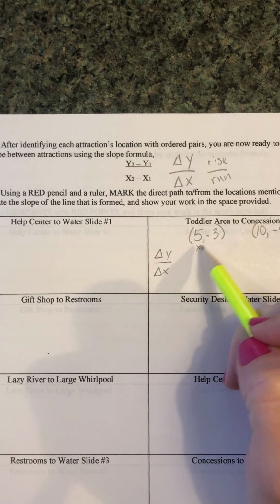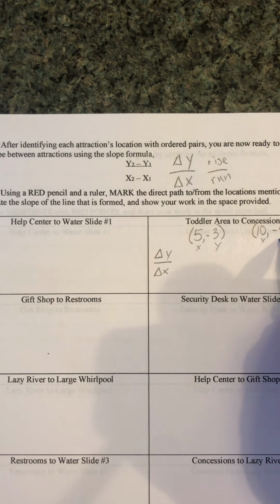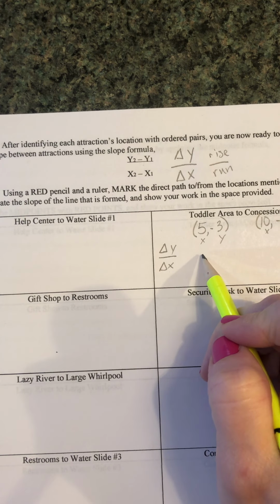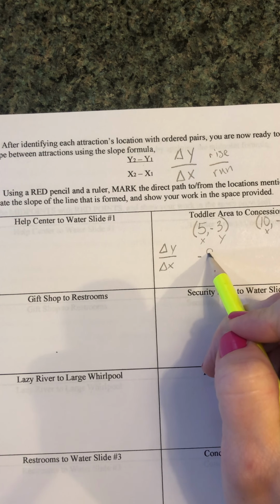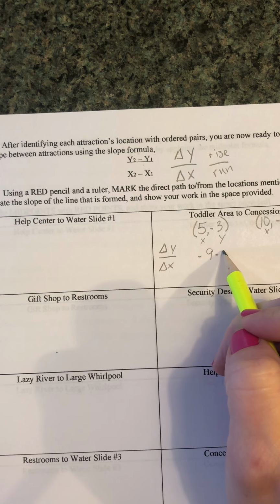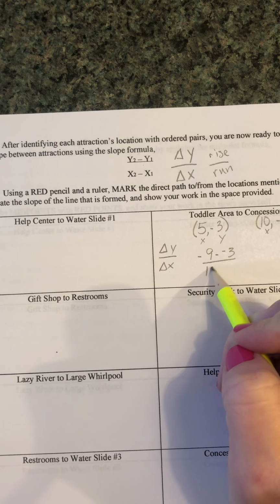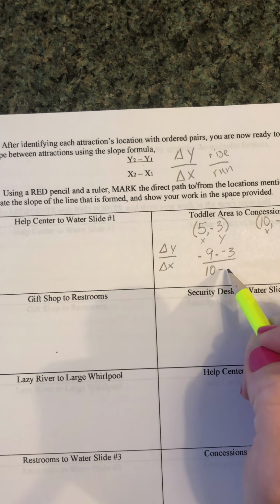So remember, that's my x, that's my y. So I'm going to take negative 9 minus negative 3, and then I'm going to take 10 minus 5.